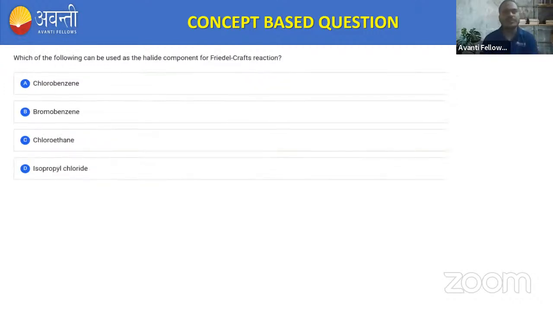Now, which of the following can be used as a halide component in the Friedel-Crafts reaction? Okay. So let's discuss which of the following can be used as the halide component for the Friedel-Crafts reaction. So let's see, we have benzene, right?